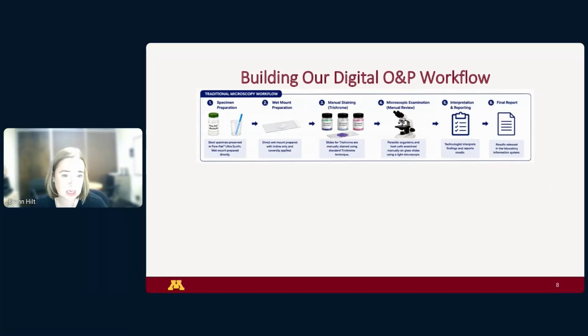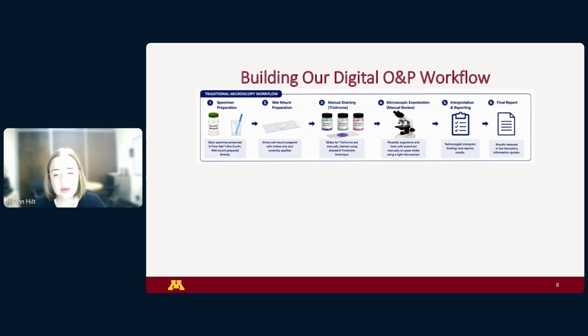Separately, at the same time, we make a trichrome stain, which is a permanent stain smear. So the same specimen is worked up with two different preps. Then both slides are examined together for potential parasitic organisms as well as host cells using a light microscope. The technologist will try to find and interpret this. It's most of the time negative, and then we report that out into our laboratory system.